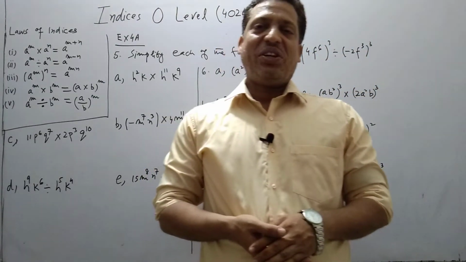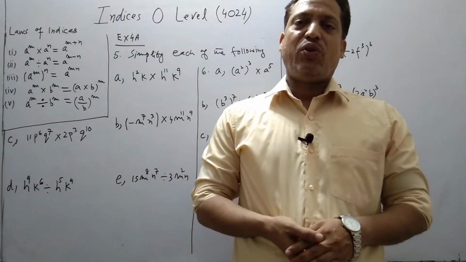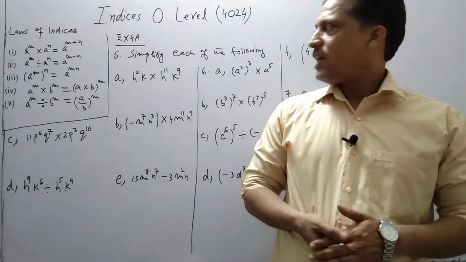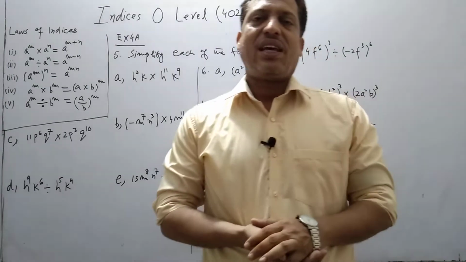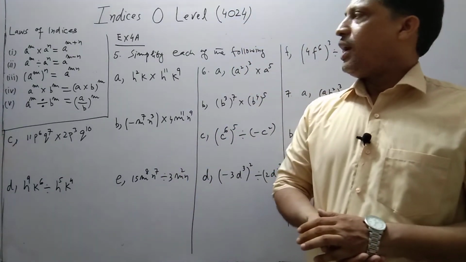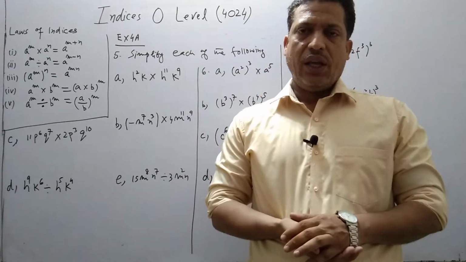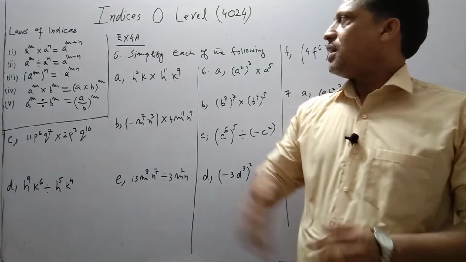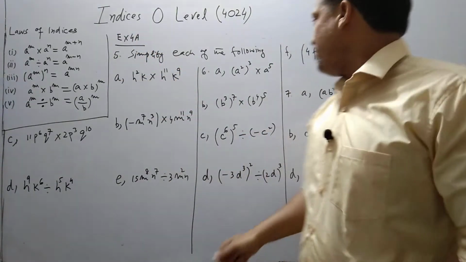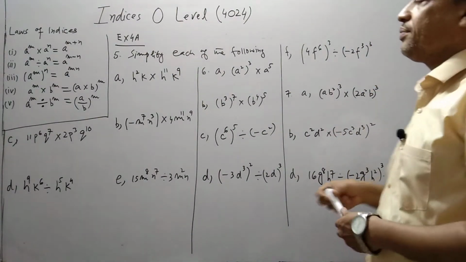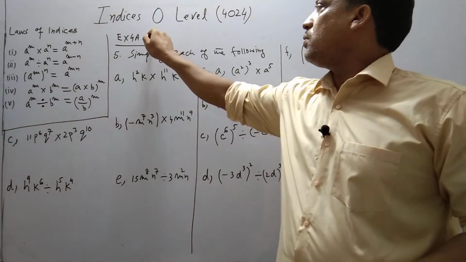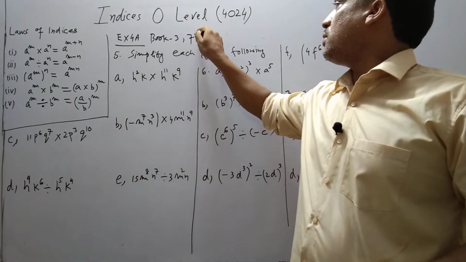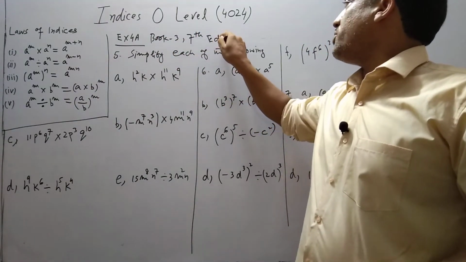In last lecture, we started a new topic, indices. We did some questions from exercise 4A, book 3, seventh edition. Today, we will continue the same exercise 4A from book 3, seventh edition.